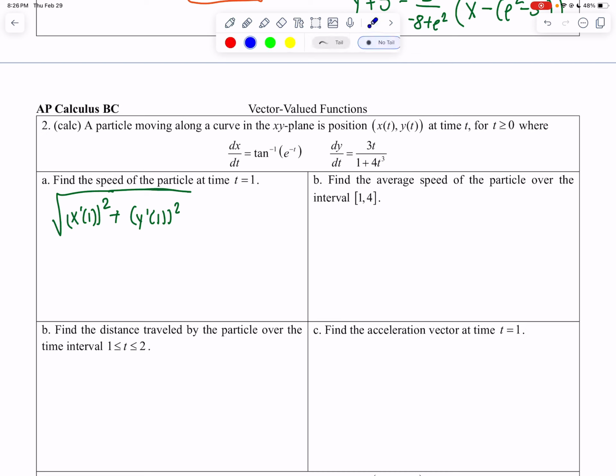The reason why is that the integral from 1 to 4 of this represents the distance traveled. So if I want the distance traveled over the time period of 1 to 4, I'm going to get my average speed.